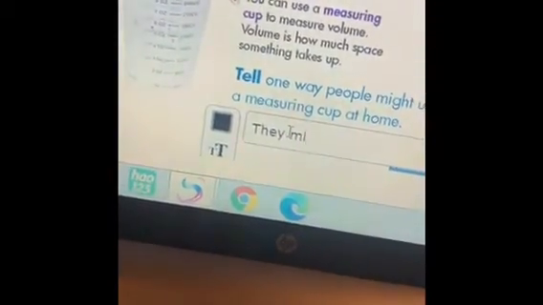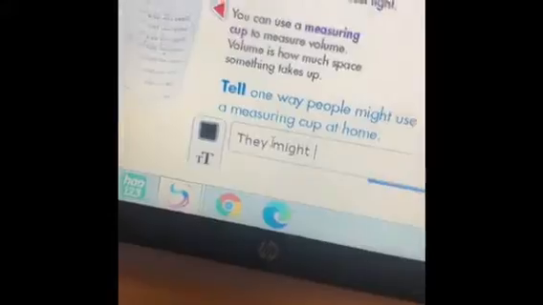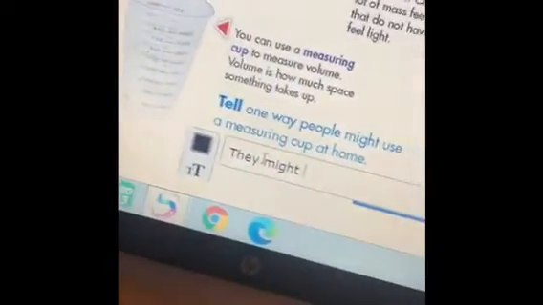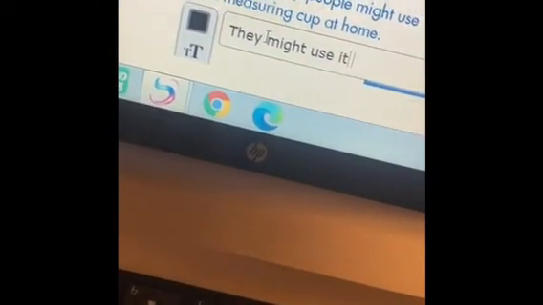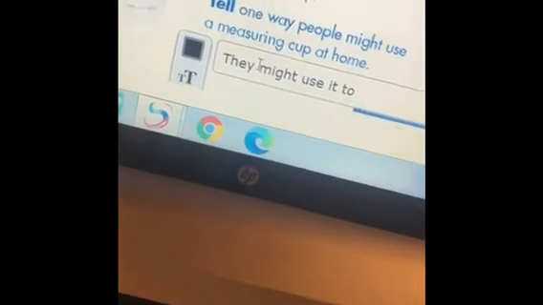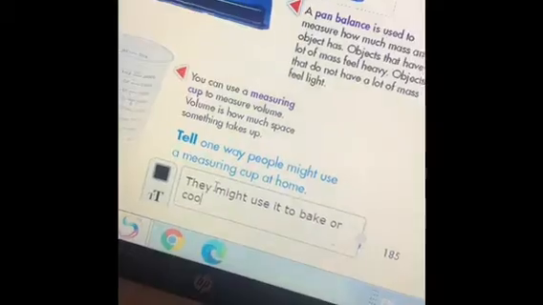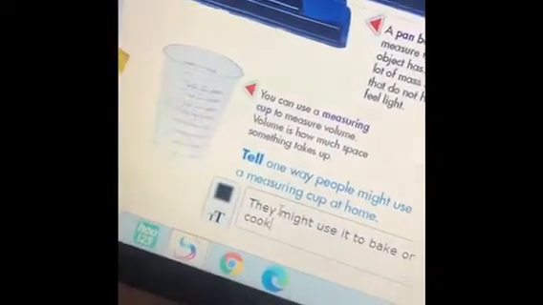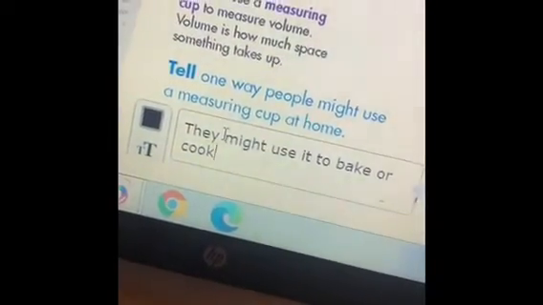They might use it to bake or to cook, to measure the volume of some liquid materials. So they might use it to bake or cook.